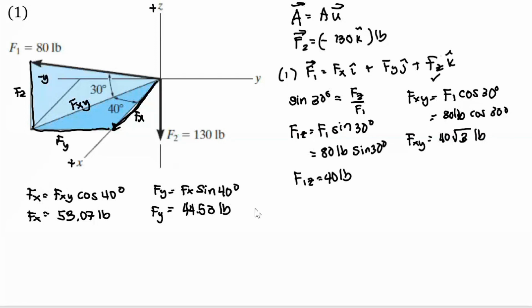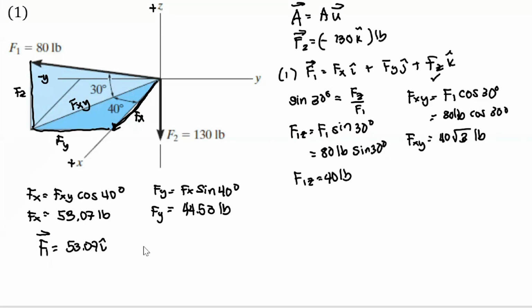And the final answer, so kailangan natin mag-construct ng Cartesian form kasi yun yung tinatanong. So the final answer of our F1 will be Fx is 53.07 i hat. So we will check. Ito yung problema pag ang kinukuha nyo is components. Pag gumamit kayo ng components, aware kayo kung nasaan siya, kung anong sign niya. So Fx, positive, so dapat positive.